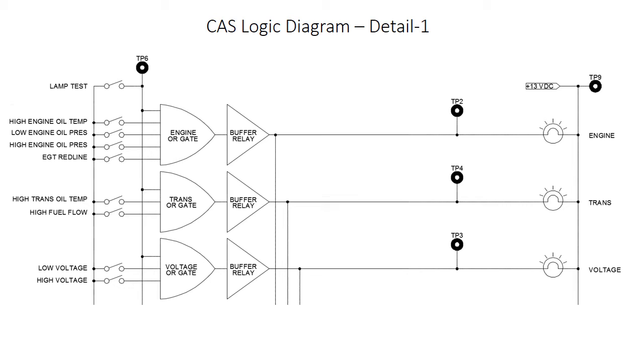The transmission has a torque limit of 160 foot-pounds on the input shaft. There's no practical way to really monitor that parameter. It's too difficult. But fuel flow is directly proportional to horsepower, which is related to torque.